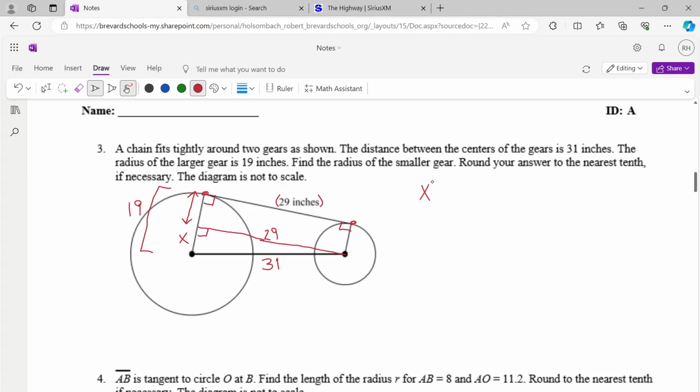So we go x squared plus 29 squared equals 31 squared. Subtract 29 squared from each side. 120, and then we square root both sides, so our x equals 11.